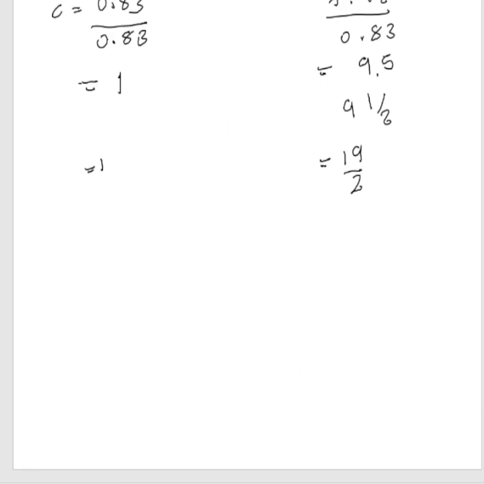If we multiply by 2, this side gives 2 and this side gives 19. So the empirical formula is C2H19. Basically that's how you calculate the empirical formula.